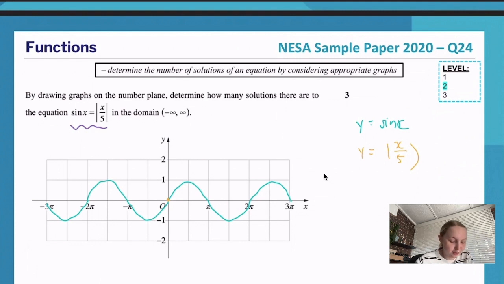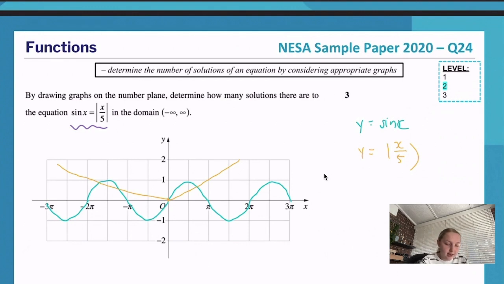Sorry, it took me a second to think of what I was thinking of there. Okay, I don't have a ruler, so I'm going to try my absolute best to draw this properly. It's got a steepness, like a gradient of 1 on 5. So I'm just going to try my absolute best to draw this graph. Okay, it's a bit lopsided, but get the vibe.